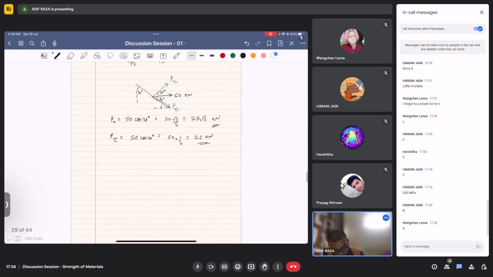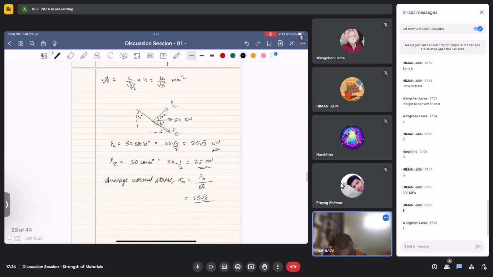So for that, to calculate average normal stress, sigma n would be the normal force acting on this plane upon area of this plane, that is 25 root 3. Area of this plane is 16 upon root 3, right? And this is kilonewton and per mm square.